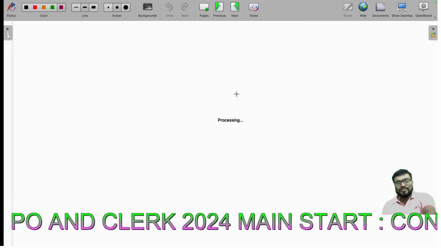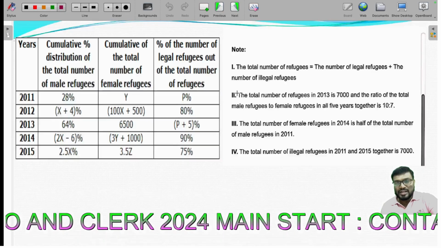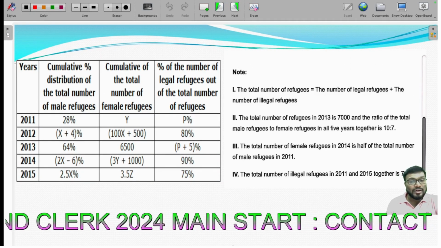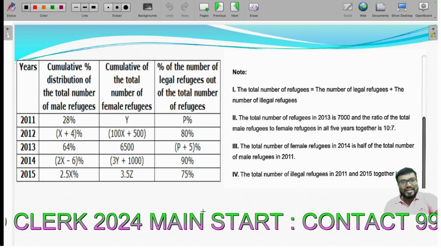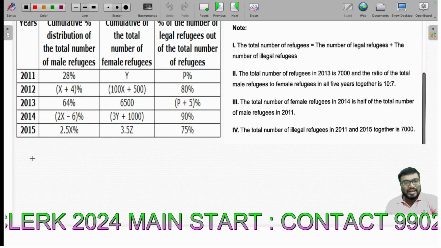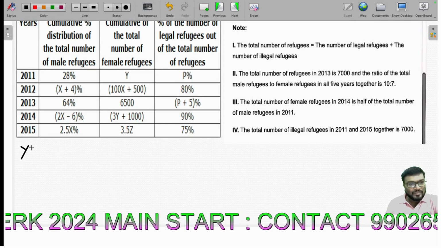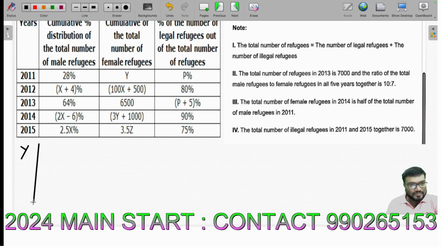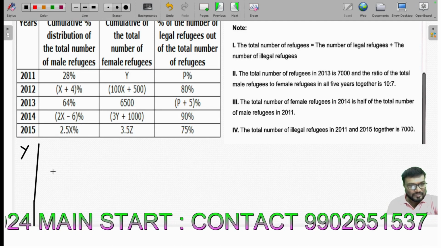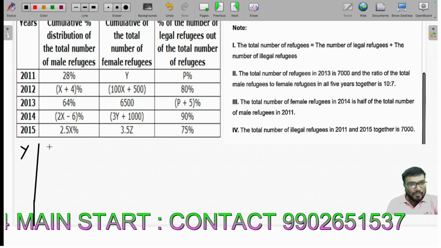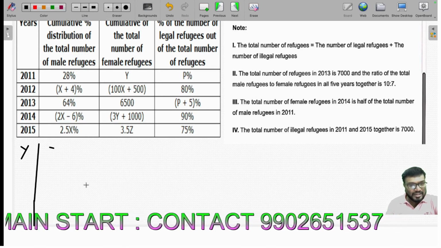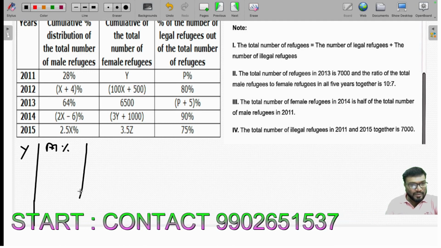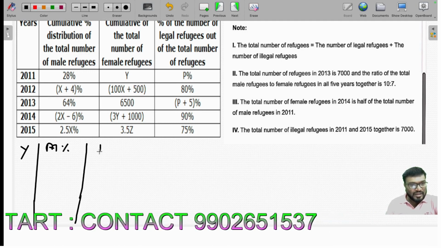So my suggestion: in prelims we can go directly to questions, but in mains we have to solve the data first. First I will get the data related to this DI. It is year, male percentage. From that I will take total males.